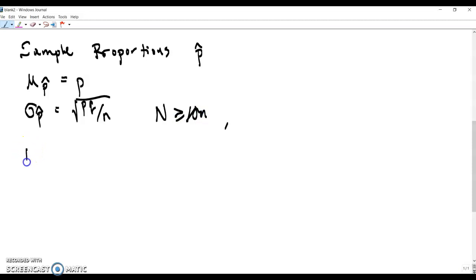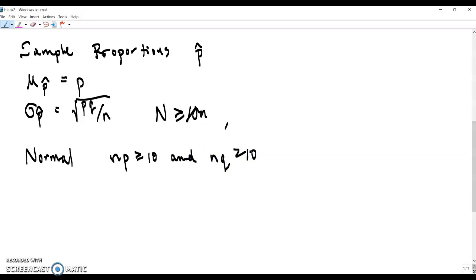The shape is going to be normal if the same conditions exist as do for the normal approximation of a binomial distribution. In other words, np has to be at least 10 and nq has to be at least 10.